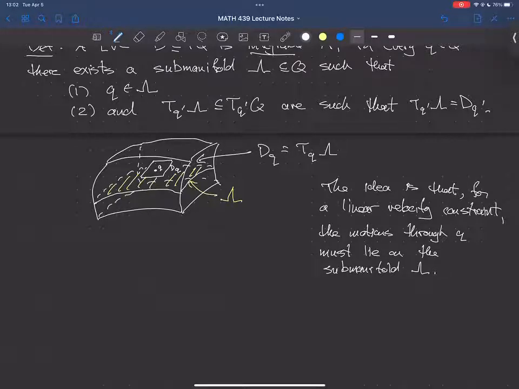And so a linear velocity constraint D is non-integrable if it's not integrable.